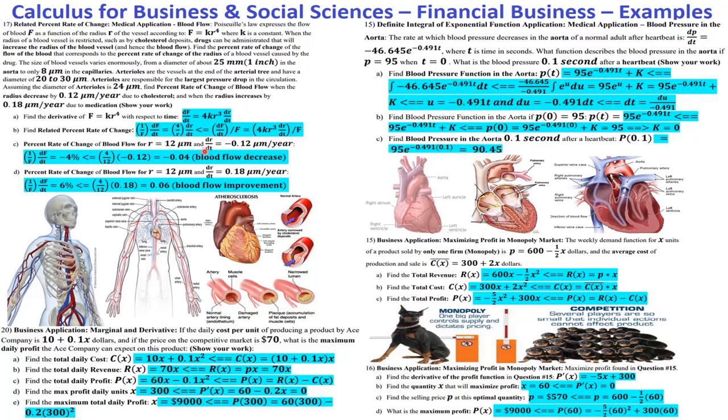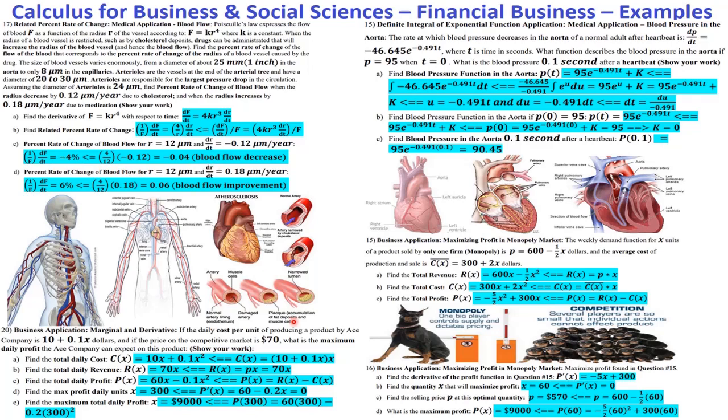When the radius of the artery increases due to medication or diet, then the percentage blood flow to the heart increases.